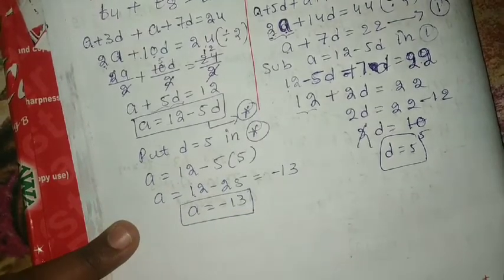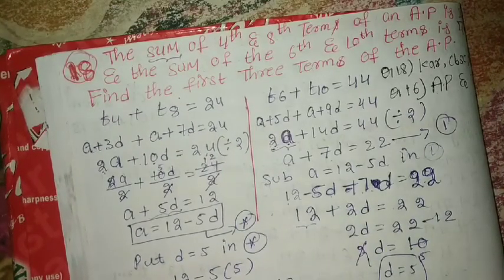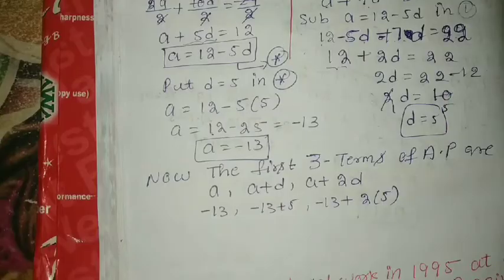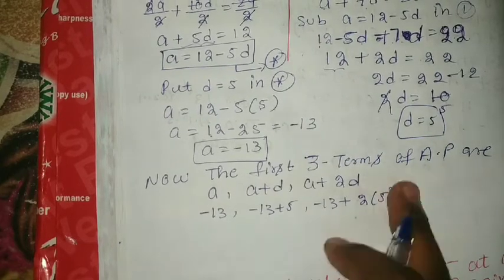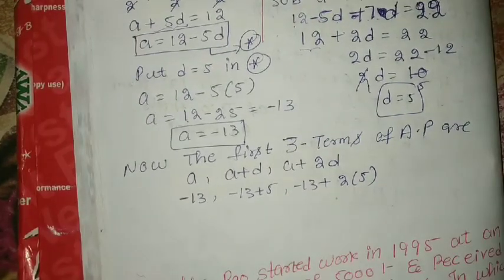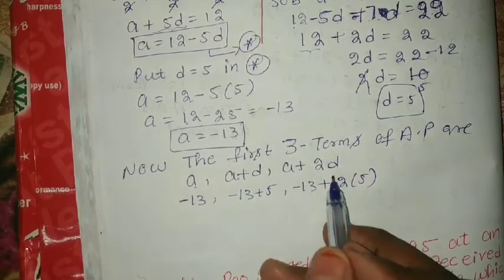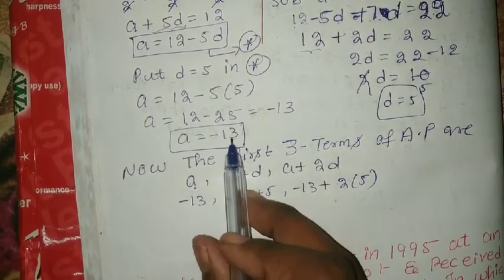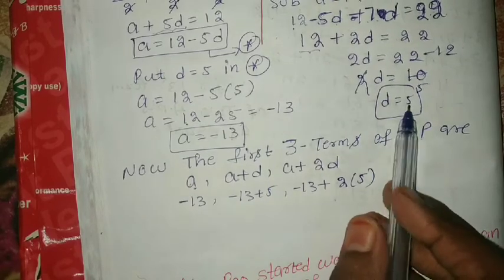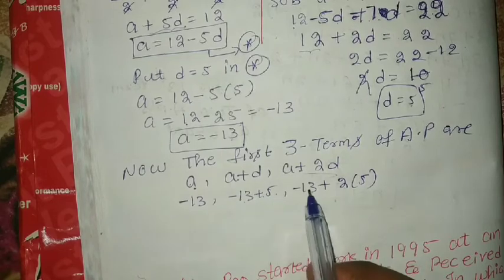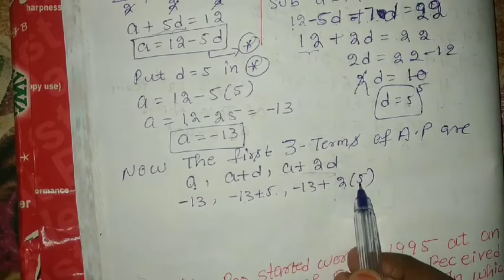So now easily you can find out the first 3 terms of the arithmetic progression. Note down this. The first 3 terms of the arithmetic progression are A, A plus D, A plus 2D. Already we know this is the general term. What is A? Minus 13. And what is D? 5. So substitute here. A is minus 13, minus 13 plus 5, minus 13 plus 2 into D, D is 5.